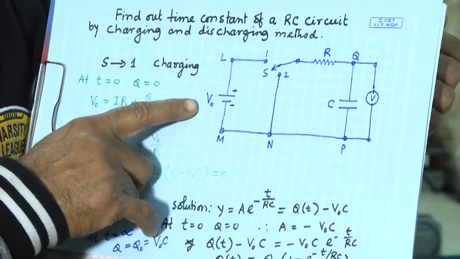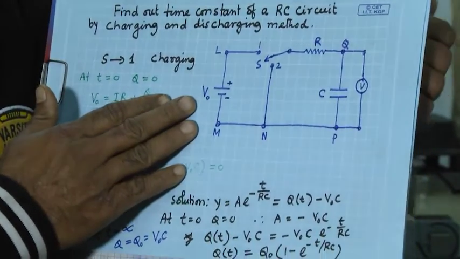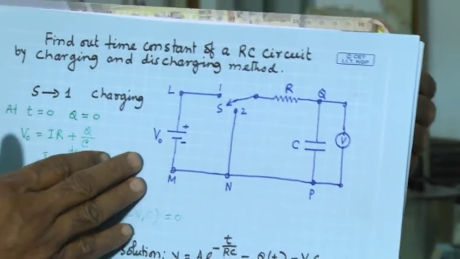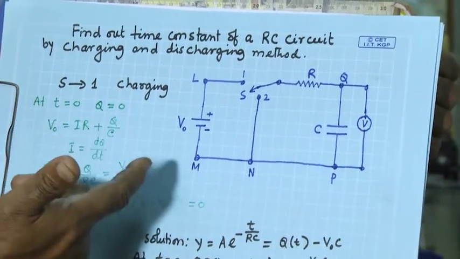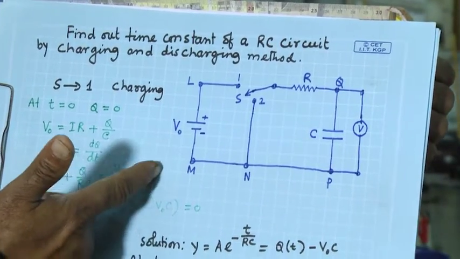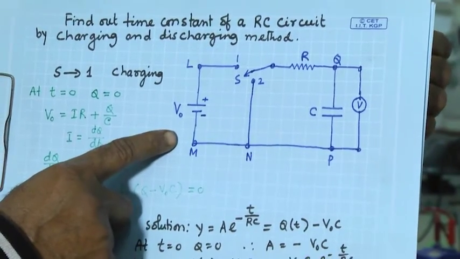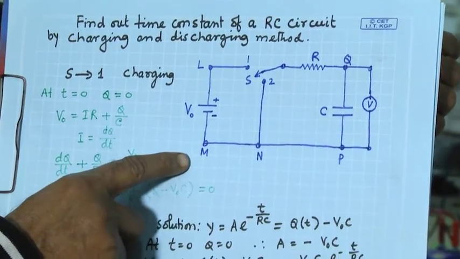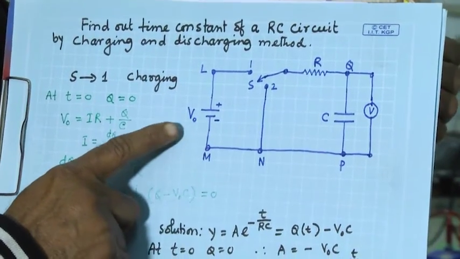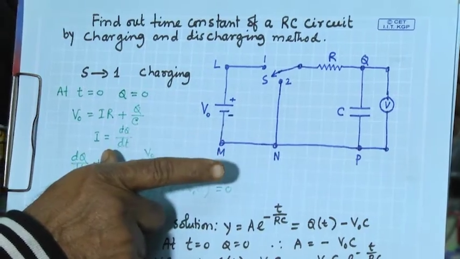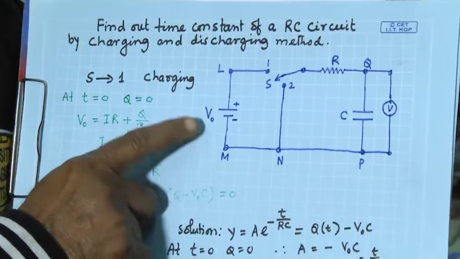We can use a battery, but here we will use a constant voltage source. We can vary the voltage as you wish, but with a battery you cannot change the voltage, so you have to use a voltage divider circuit to vary the voltage. So, the voltage source will give you constant voltage.